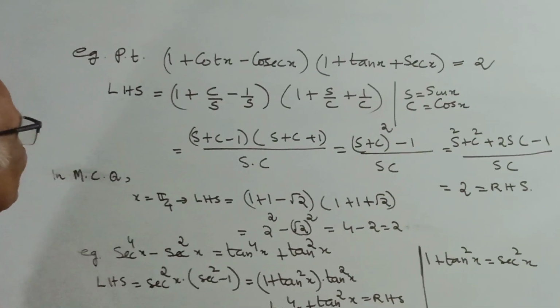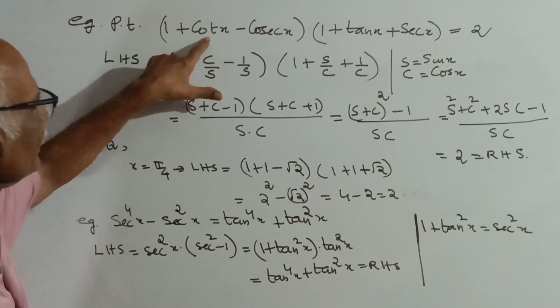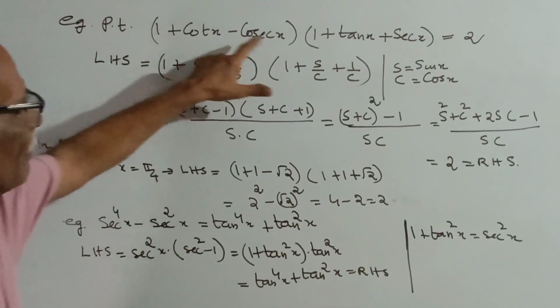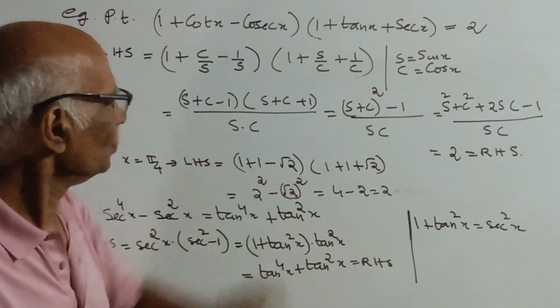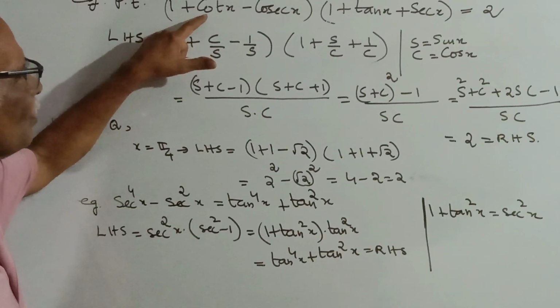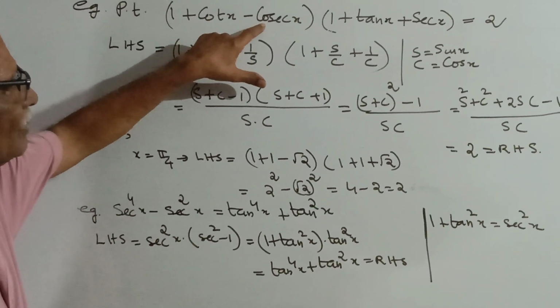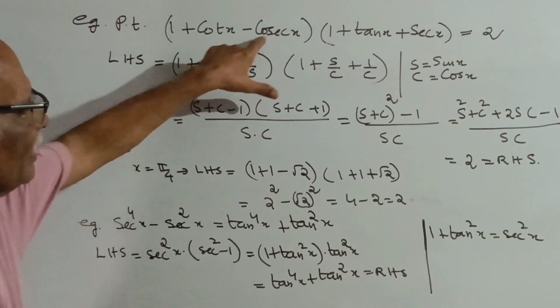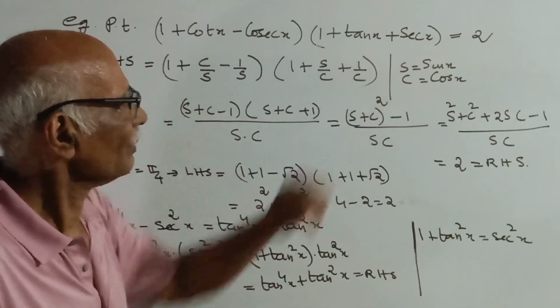Now we consider examples. Prove that (1 plus cot x minus cosecant x) into (1 plus tan x plus secant x) equals 2. Now the best method is you put cot x equals cos x by sin x, cosecant x equals 1 by sin x, tan x is sin x by cos x, secant x is 1 by cos x.